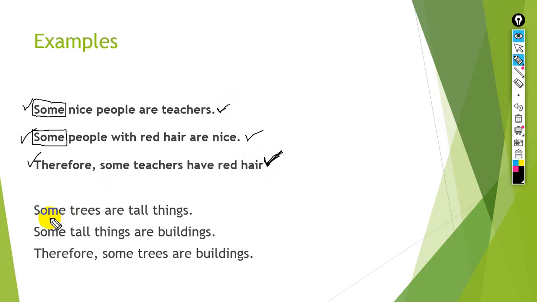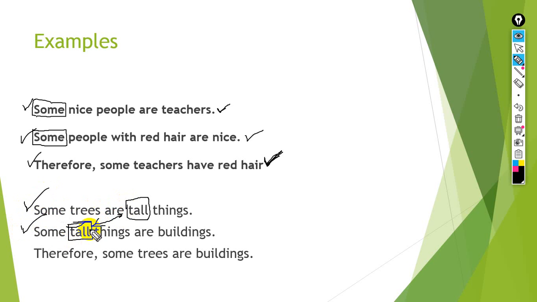Next we have, for example, some trees are tall things. Some tall things are buildings. Here I have taken a particular major premise and a particular minor premise, and in the conclusion, tall is the middle term.